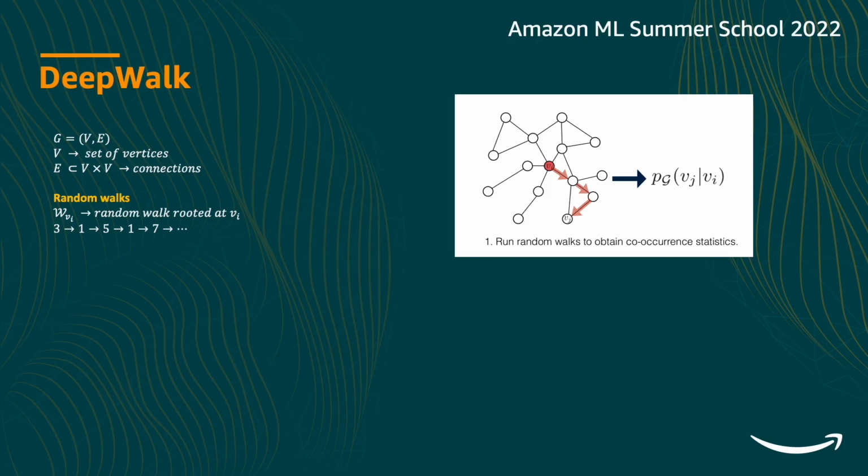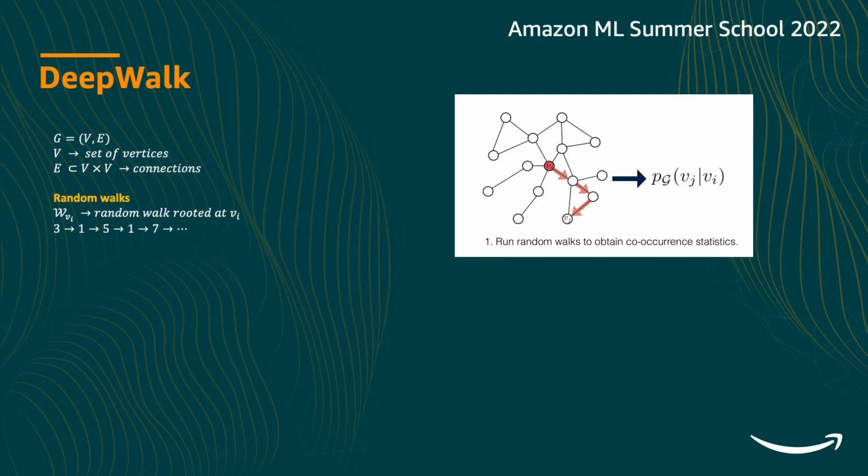We only assume that we know their IDs, so they are just a bunch of integers. Like this is node number 1, maybe this is node 2, node 3, and so on. We also assume that we do not know anything about any features of the nodes. All we know is their IDs.